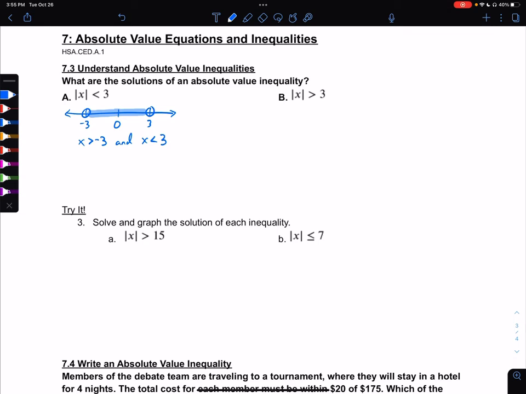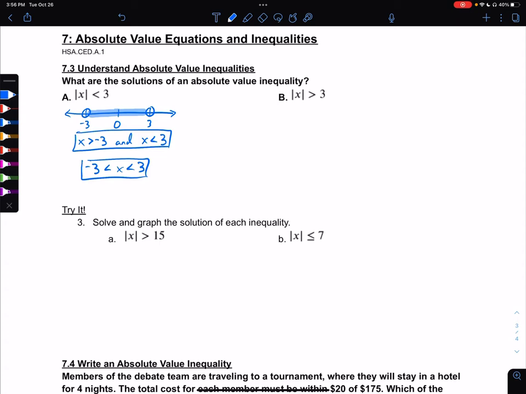This is the solution. It is a compound inequality and it's an AND statement because we want the distances that are closer, so the ones on the inside. You can also write this as -3 is less than x is less than 3. Either one of these works. Remember, compound inequalities, we can write them in that form, or an AND statement we can write in that form.